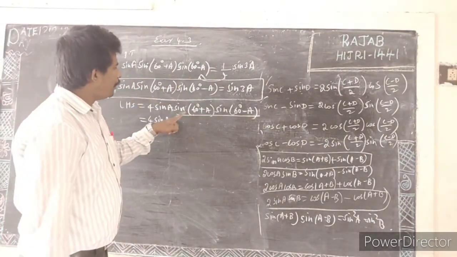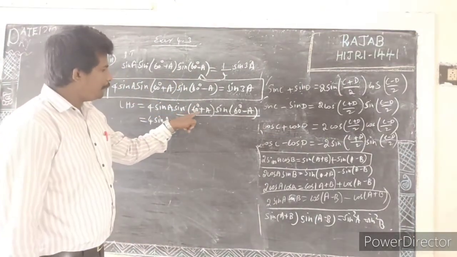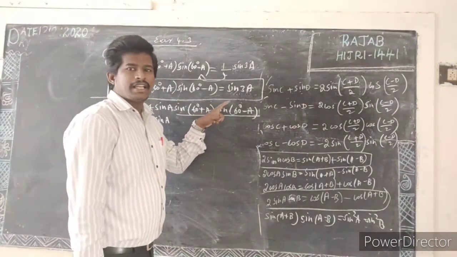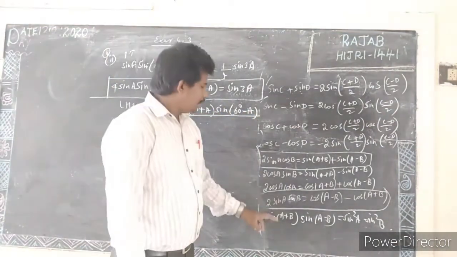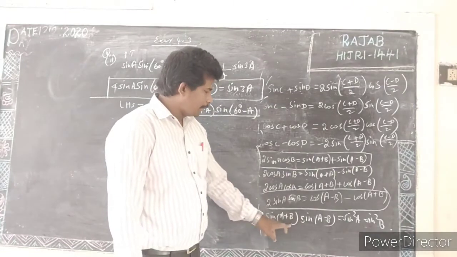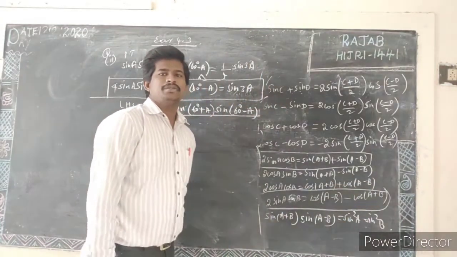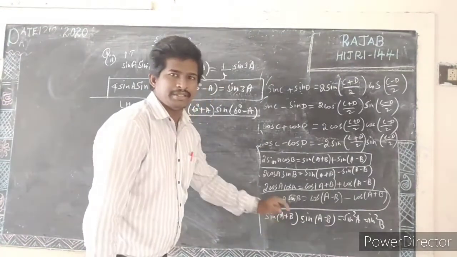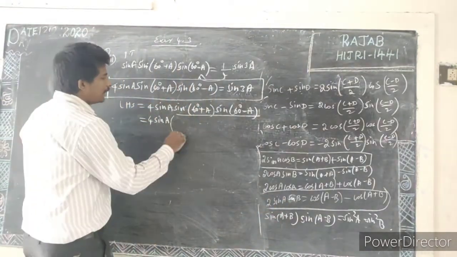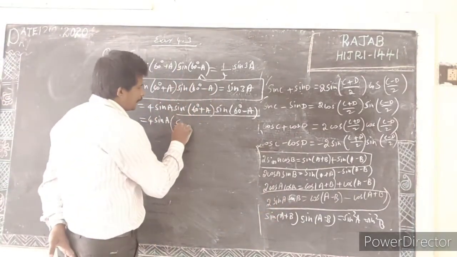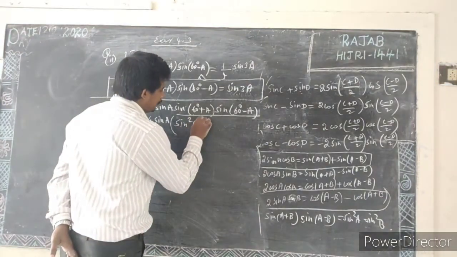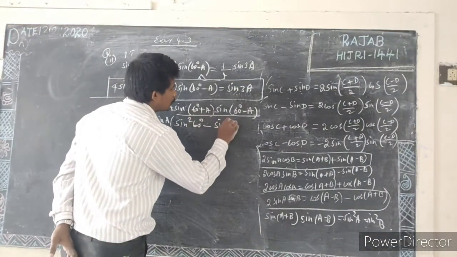Here this is the form of sin (A plus B) into sin (A minus B). Look at this formula: sin (A plus B) into sin (A minus B) equal to sin square A minus sin square B. I am going to use the last one. So by using that, it will become sin square 60 degree minus sin square A.